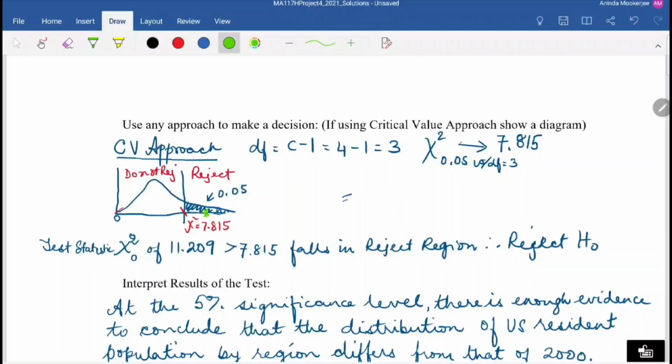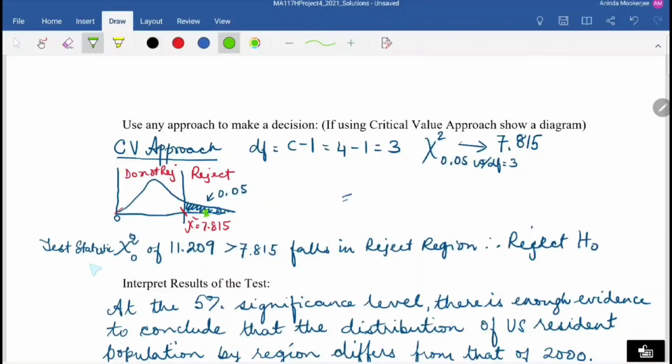Now let me tell you this, please write this out, okay? We want to see how you came to your decision of reject null hypothesis. Yes, you have to show your diagram and show it with the reject and do not reject regions and where the cutoff is, as well as where the test statistic falls on the diagram.